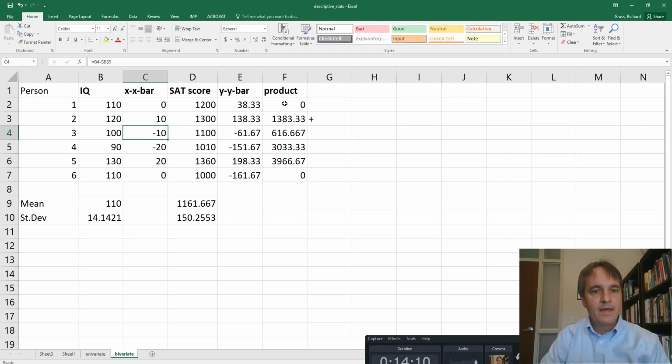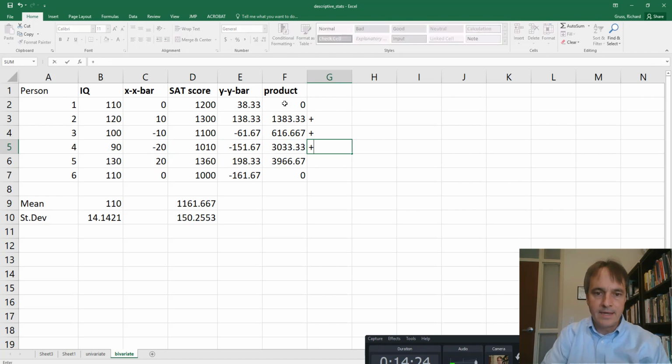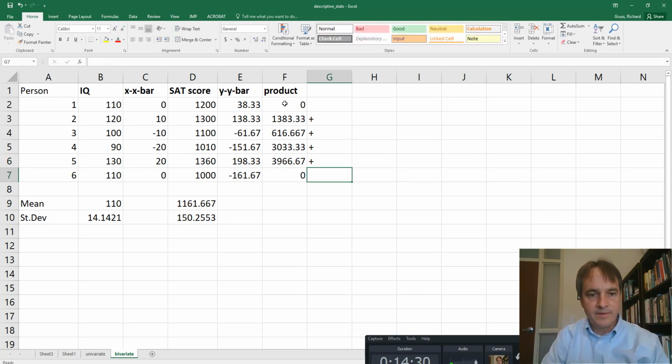In this case, we had a negative number multiplied by a negative number, which gives us a positive again. Here again, we have a negative times a negative, which is a positive. And then we had a positive times a positive here, which of course is a positive.